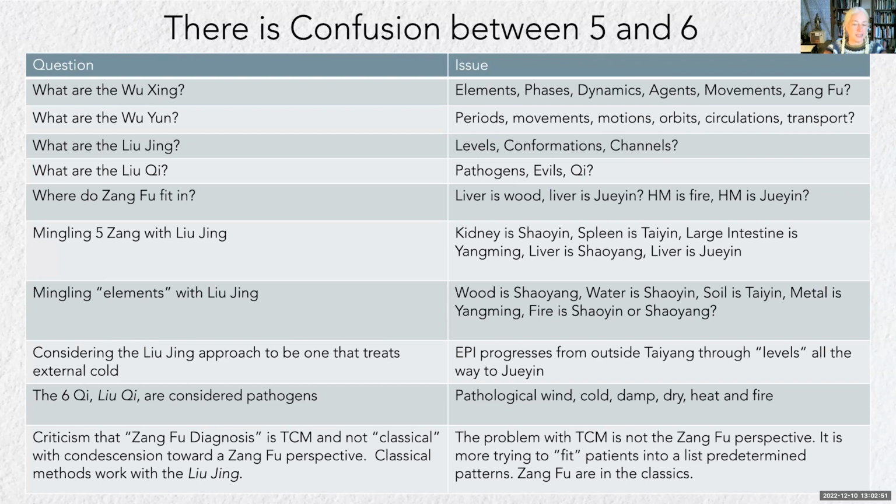The problem with TCM is more what's called the Bianzheng Lunzhi, which is differentiating the pattern to determine the treatment, which sounds good, but what that sort of gets translated into is going from some kind of symptom like constipation and saying, okay, there are 8 different things constipation can be from, and you're trying to fit your patient into one of those patterns.